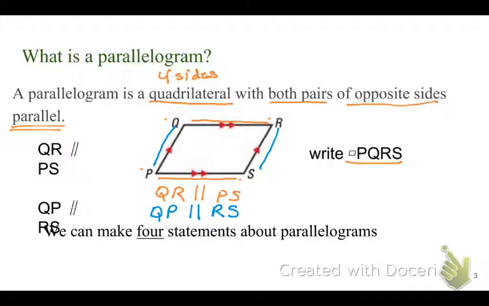And you might remember when we were working with angles, how if you had a parallel line and you had a line traversing it, a transversal, then you were able to make lots of assumptions about the angles. And so it kind of works similarly when you're working with parallelograms. So it turns out we can make 4 statements about parallelograms, and that's what we're going to do next.